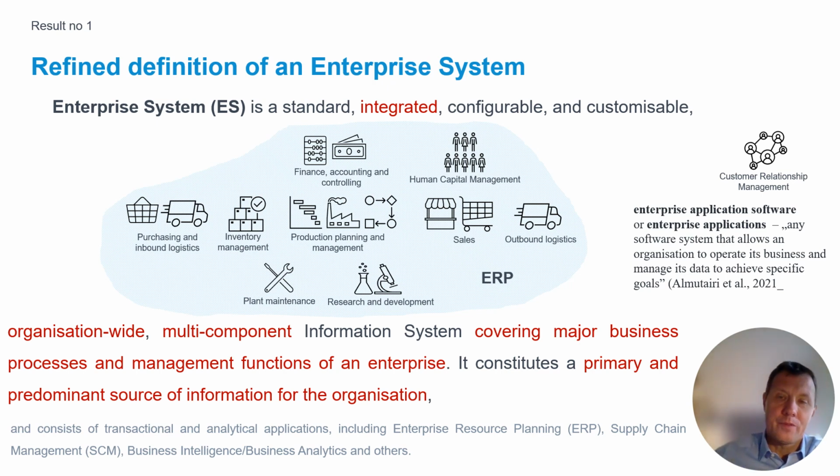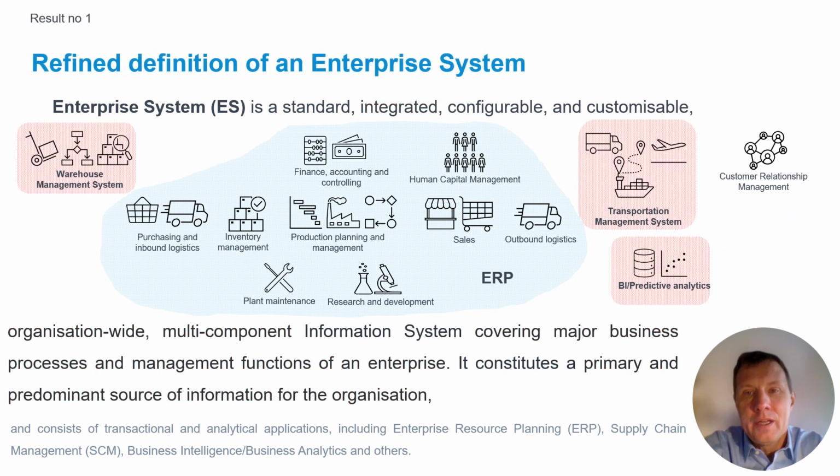But 10-15 years ago, a situation emerged like you see on that slide that every enterprise had its ERP system, but additional systems emerged which improved operations or helped organizations in other areas.